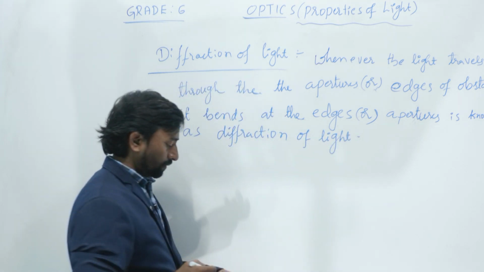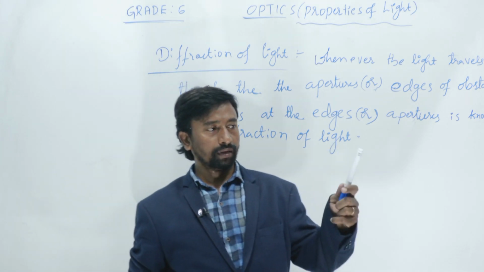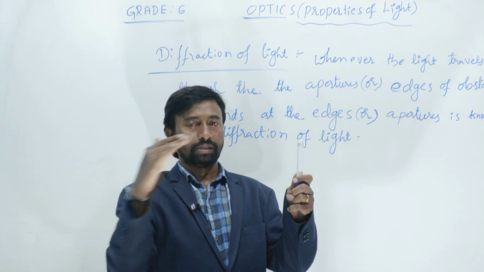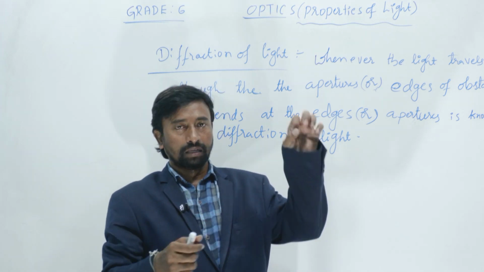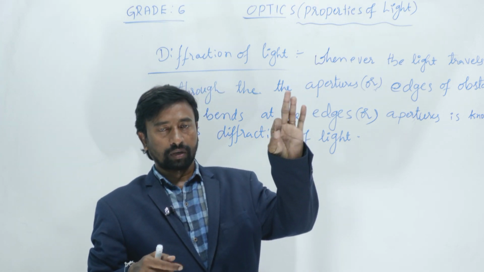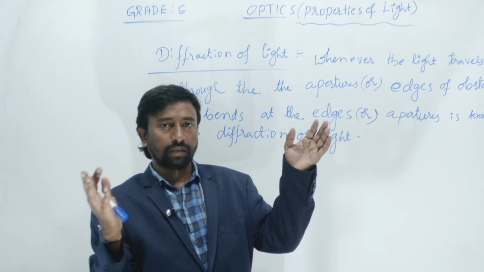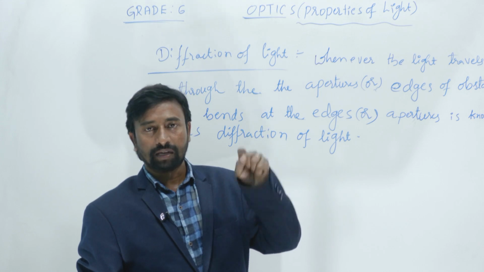Suppose any obstacle comes, and the light is traveling over the edges, it crosses the edge, or there are apertures, like small slits, and the light is traveling through the small slits or small apertures.